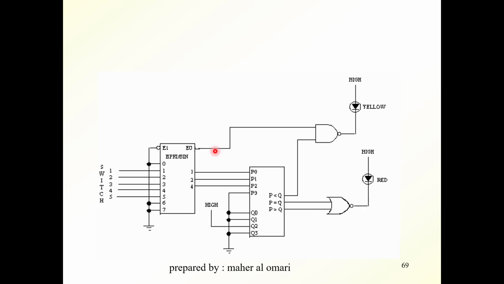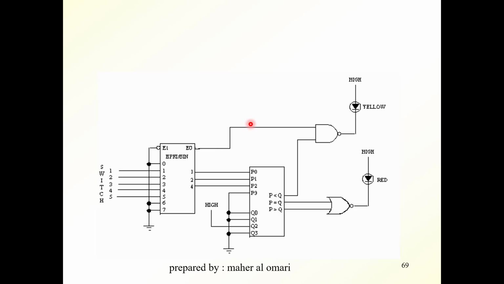The reason that we connected the validity output to this NAND gate is the case where none of the switches is pressed. That means here we will have 0, 0, 0, and this will be less than that, and this will go on. But this one will not go on because this is not a valid code.